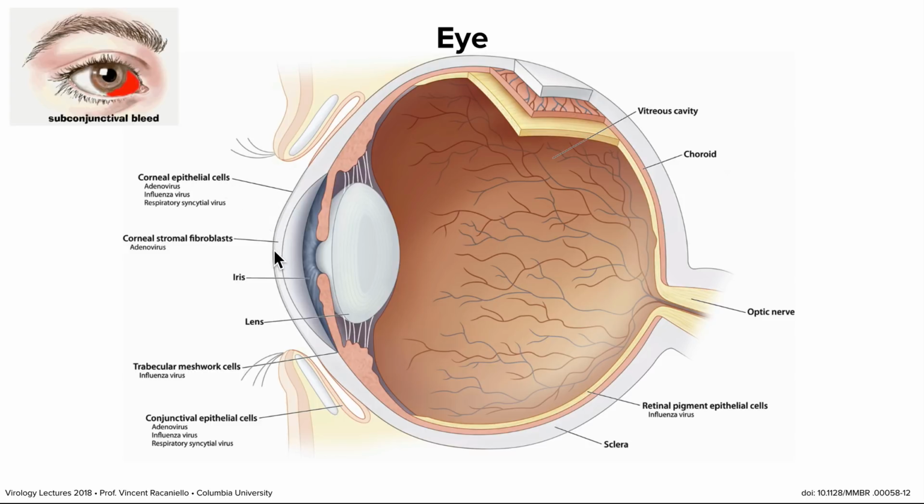And one of the consequences of having viruses replicate in the eye is shown in the upper left, the subconjunctival bleed, the blood vessels below the conjunctival epithelial cells are breaking and bleeding, and you see this scary looking red appearance. Virus infections of the eye often happen when you go into a hot tub which has been improperly sanitized. It has infectious viruses in it. They get into your eye and they cause these infections.